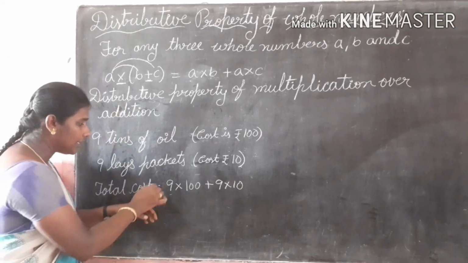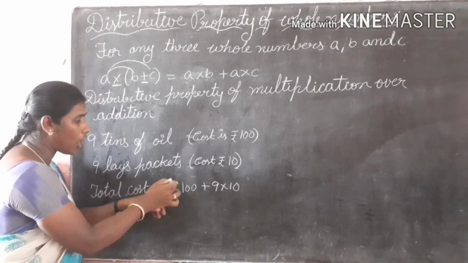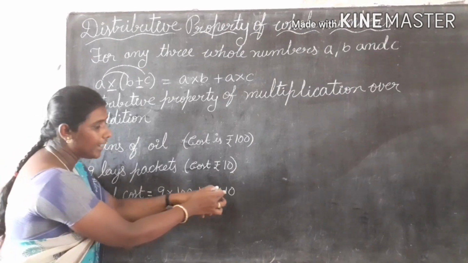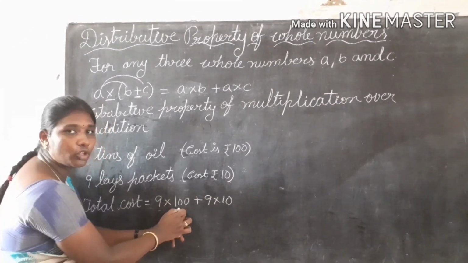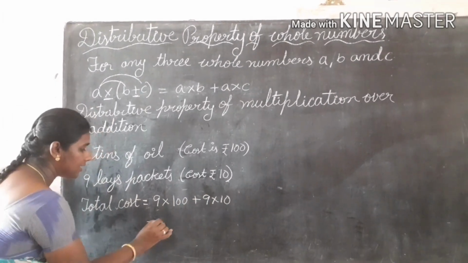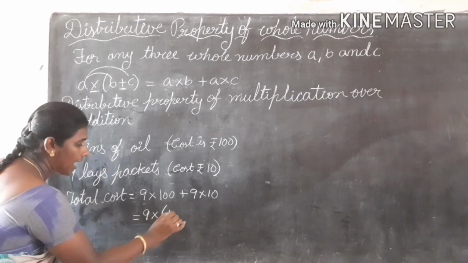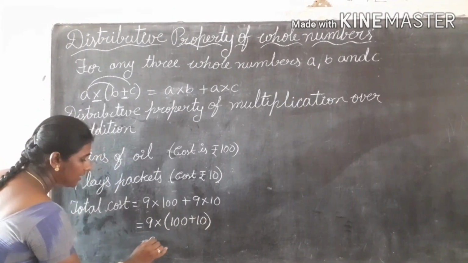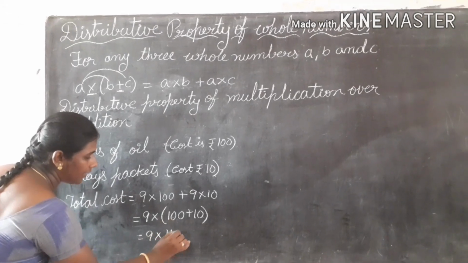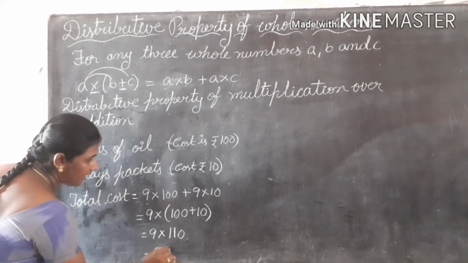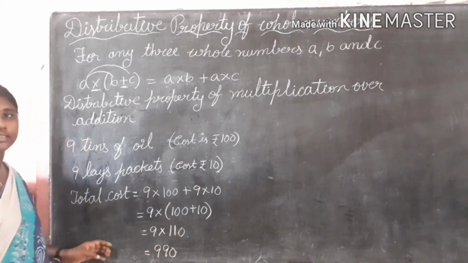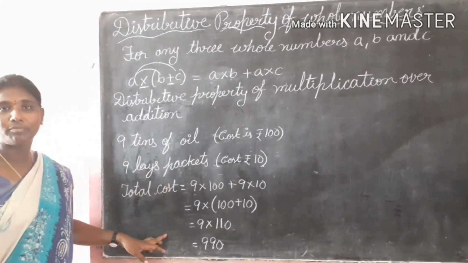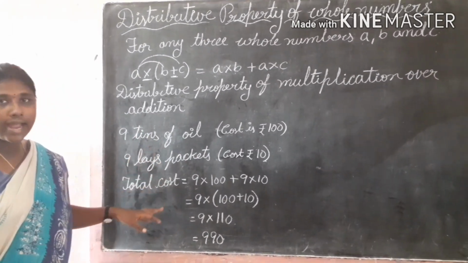If you observe, this 9 is distributed to both 100 and 10. So we can write 9 into 100 plus 10, that is 9 into 110, which is 990. This is the distributive property of multiplication over addition.